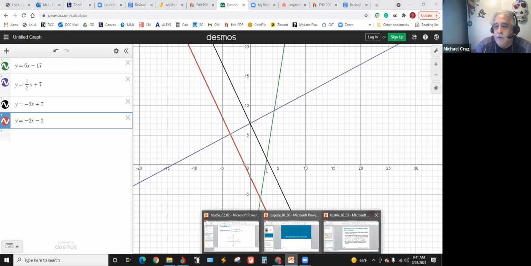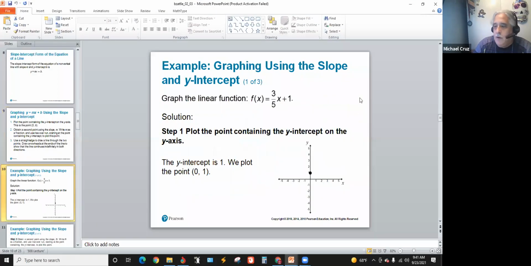Anyway, let's go back over here. So this is just what I was telling you about graphing. All right. So this right here is the free point right there. That tells you where it crosses the y-axis. You use the sign. So 1 is where this thing crosses. Now, it's a positive 3/5. So that means that we're going to rise 3 and then the denominator is the run.